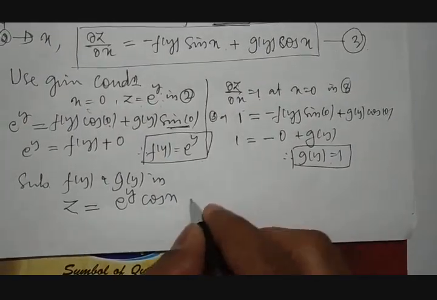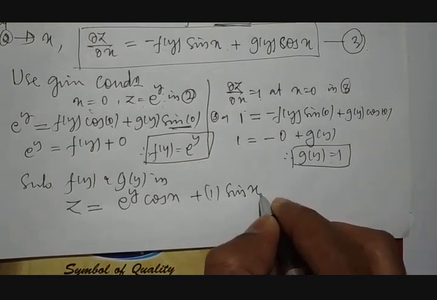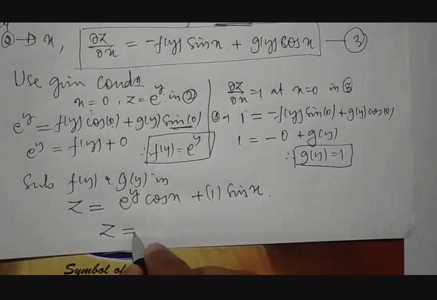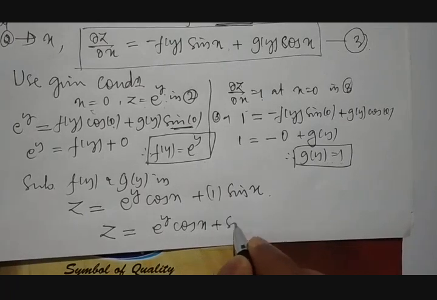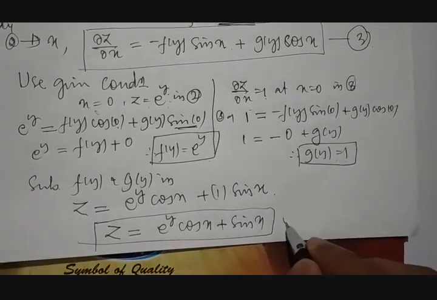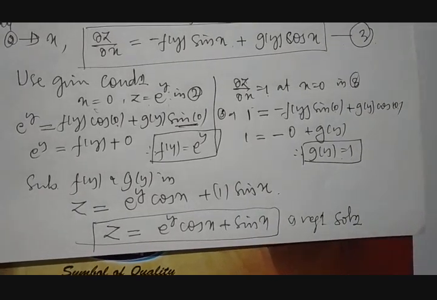What is g of y? 1. So 1 into sin x. Therefore z is equal to e raised to y into cos x plus sin x. This is the required solution for the given partial differential equation.